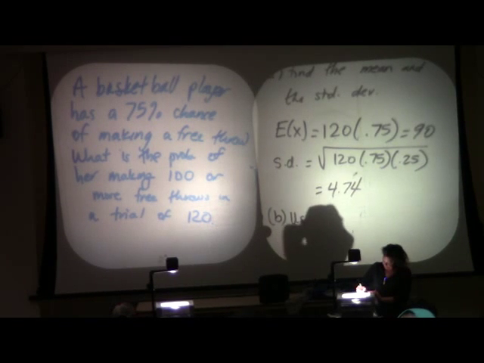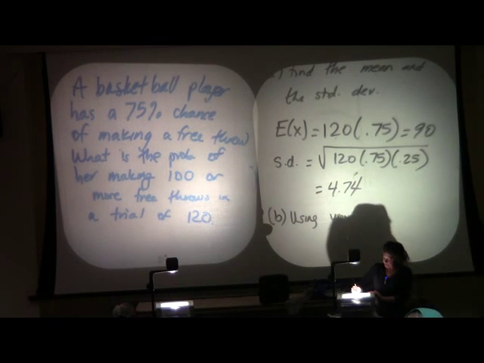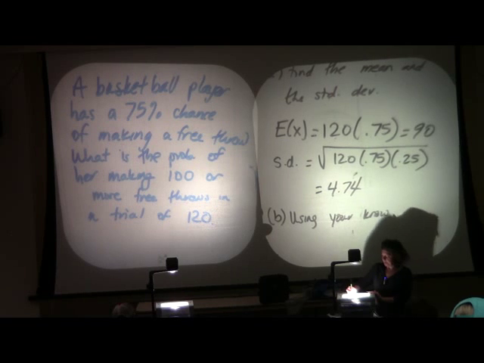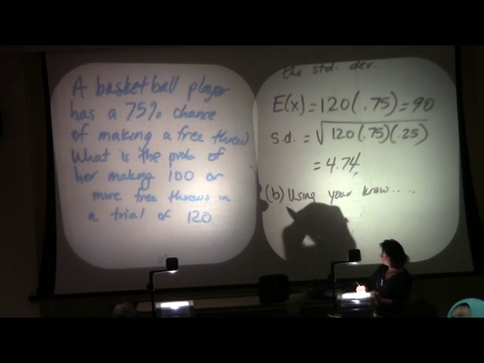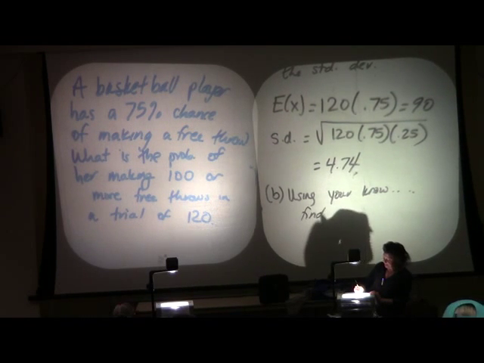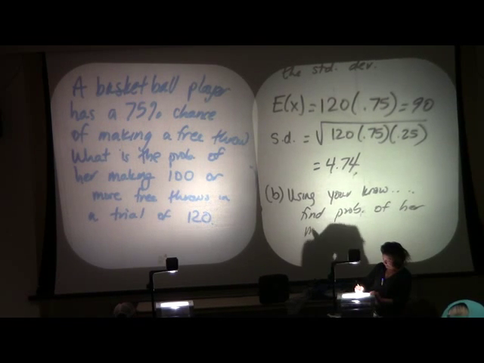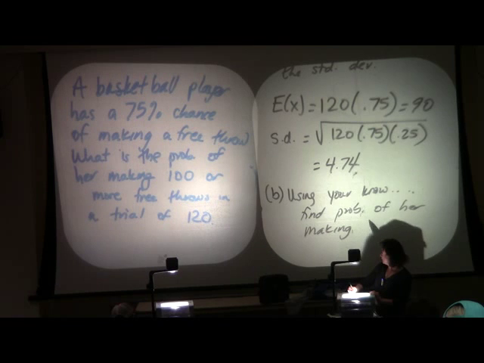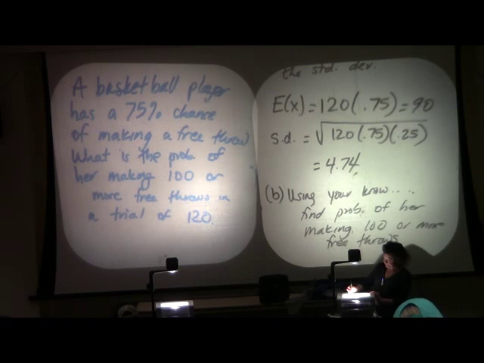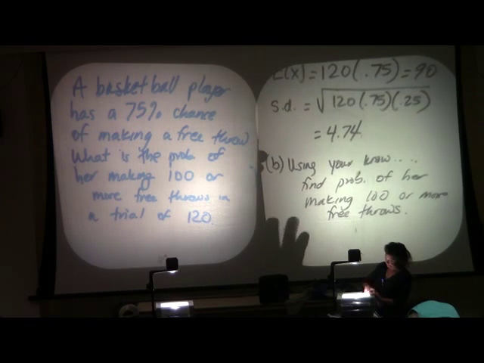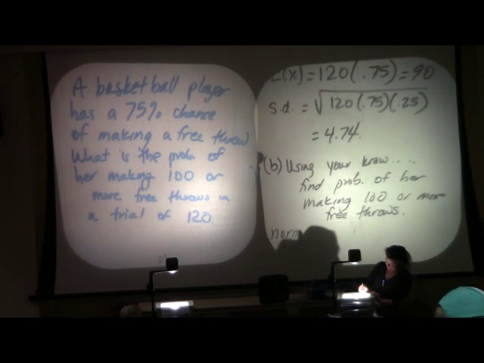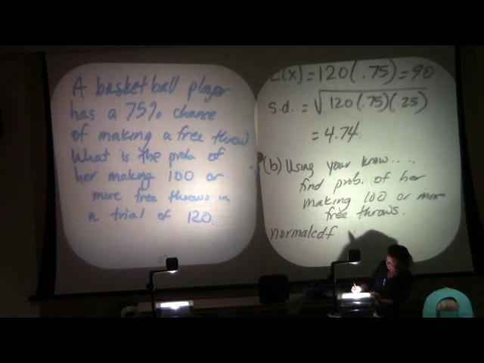Part B. Using your knowledge of the normal approximation to the binomial distribution, let's find the probability of her making 100 or more free throws. Normal CDF.